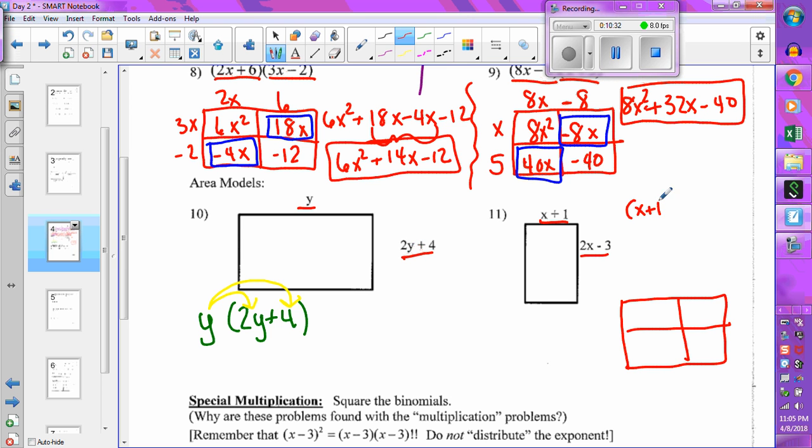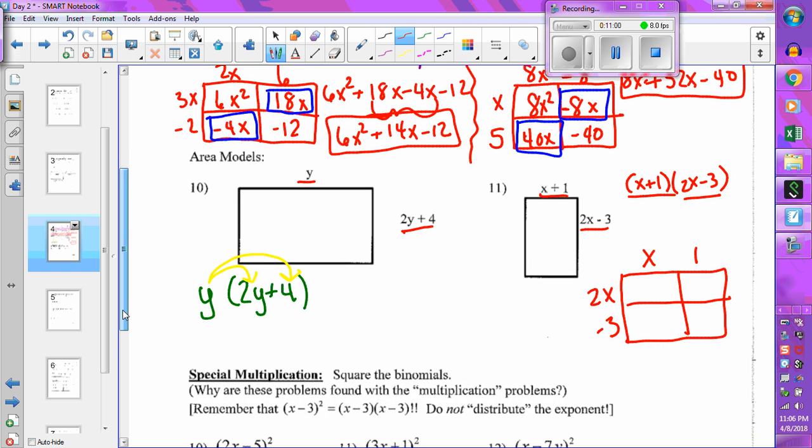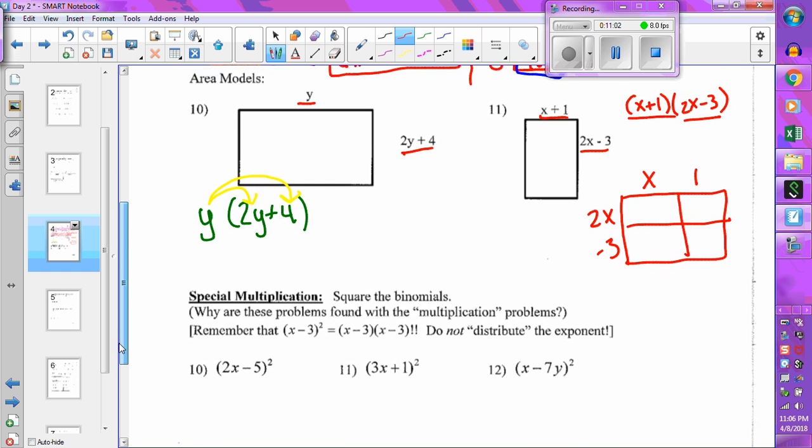X plus 1 times 2x, minus 3. So I'm going to put this one right here, x and 1. And then I'm going to put this one on the side, 2x and a negative 3. I'm not going to work this out for you. You guys can work this out. Pause the video and work it out. Make sure that you do it.